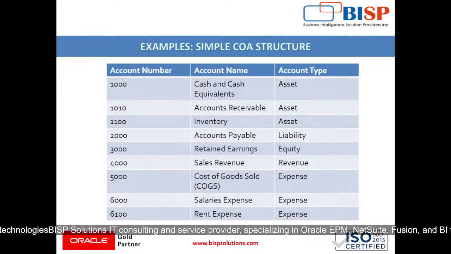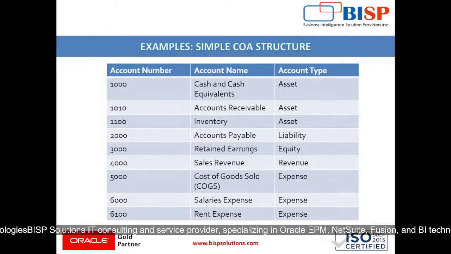Then salaries expenses, which will be coming under 6000 expenses. Then comes our rent expenses, so it will be coming in expense option and under account number 6100. So why is there a gap of 10 numbers between cash and cash equivalent and account receivable, as the account type is the same?